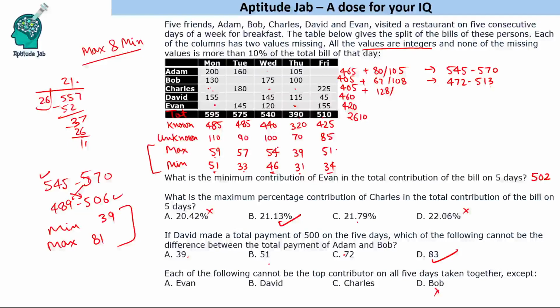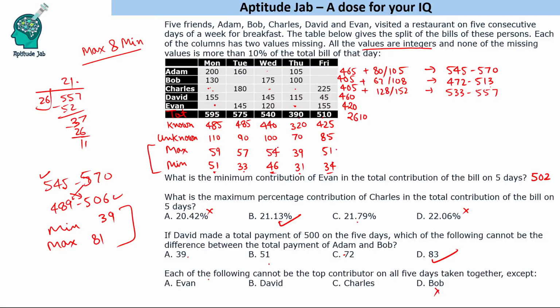And the maximum will come as 59, 113, 152. So his minimum contribution will be 533 and maximum will be 557.